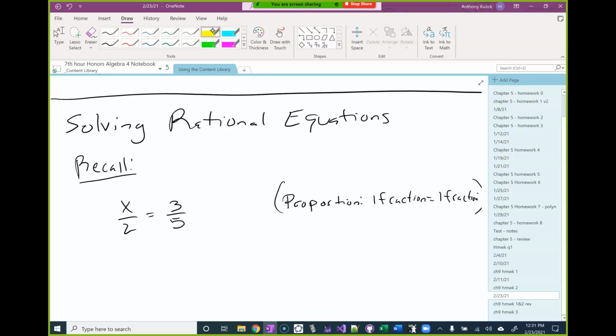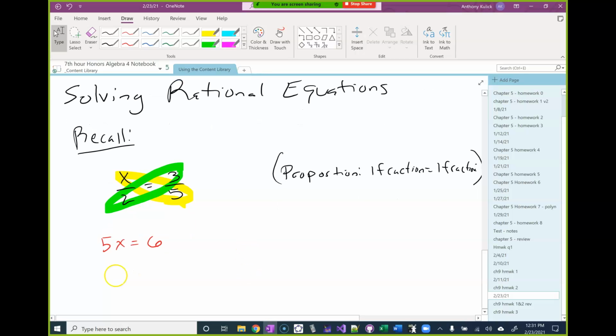All right, so let's look at how this would differ if this was involving rational expressions instead of just fractions. So still a proportion, right?